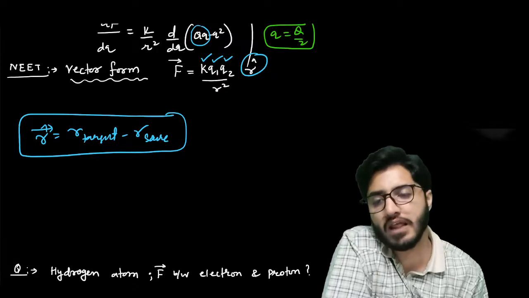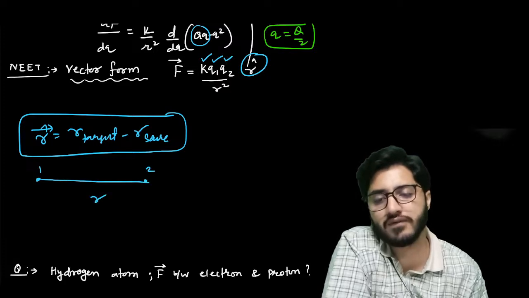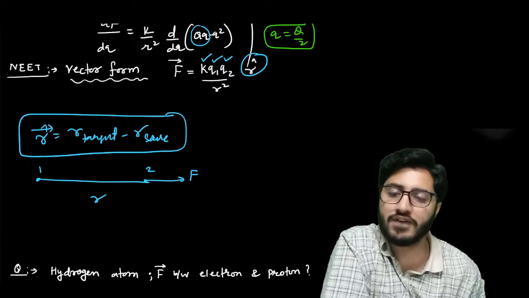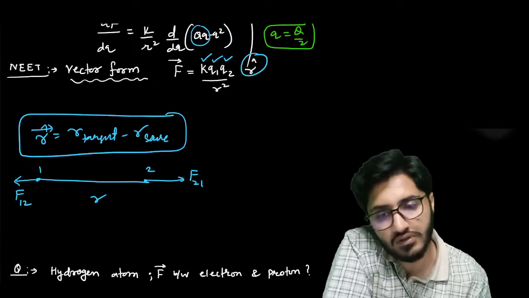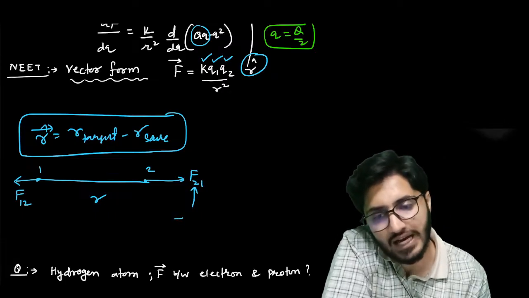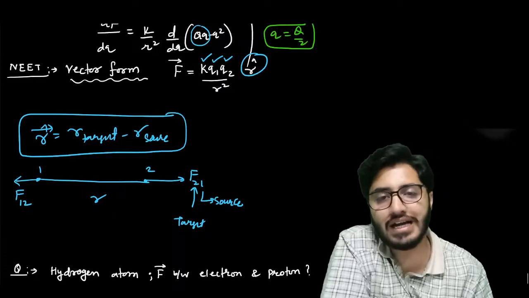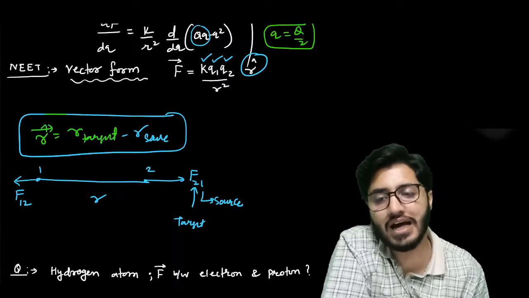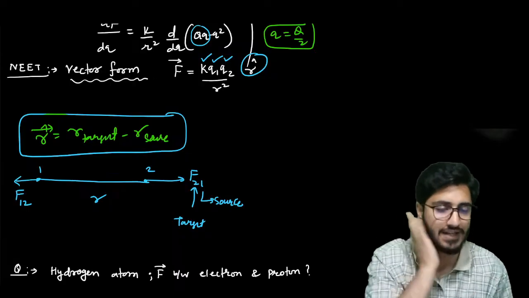Let us suppose there is one charge, a second one, the distance is R, and the force is F. This is the force on 2 due to 1, and the force on 1 due to 2. That means 2 is the target and 1 is the source. How to write R? It is simple: R target minus R source. The simplest trick.